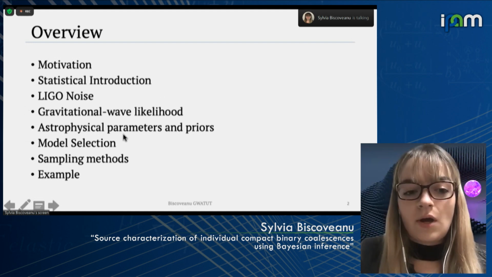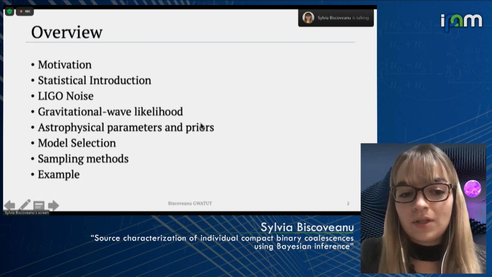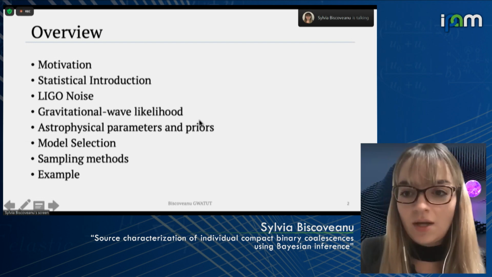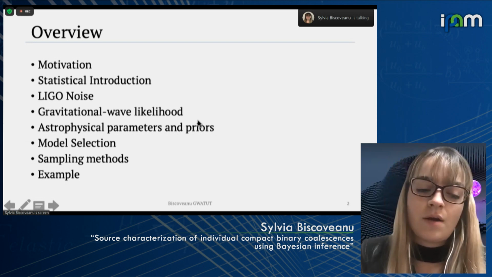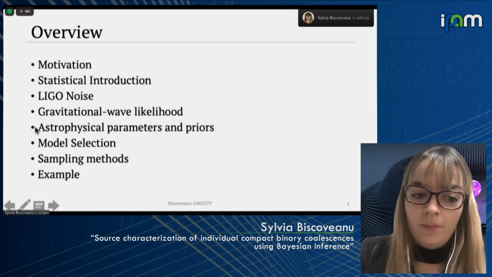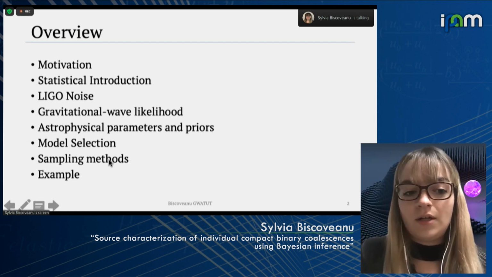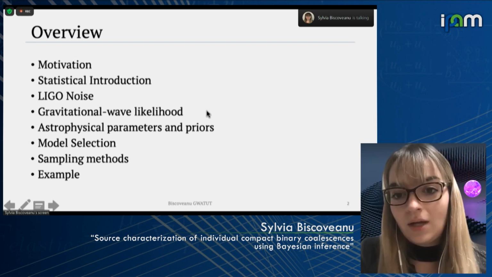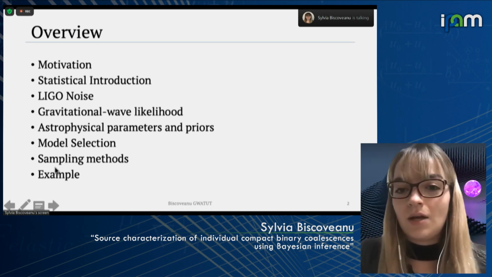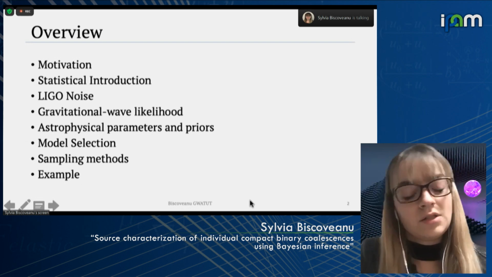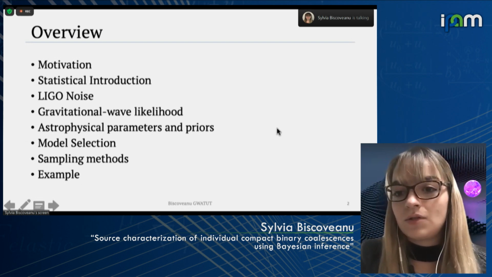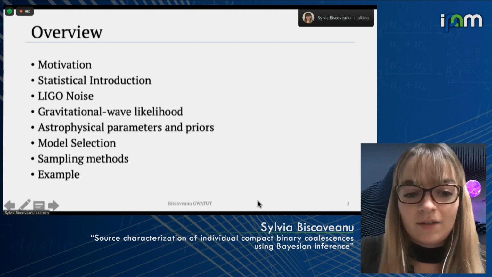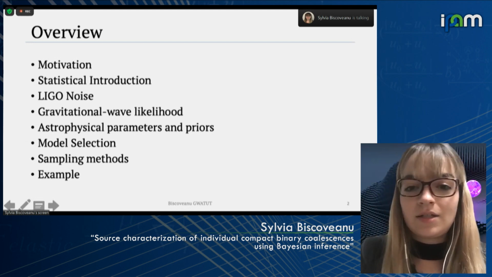And then we'll talk about the astrophysical parameters that we are interested in constraining and the priors that we assume for those parameters, and then talk about Bayesian model selection, and then finally take a look at sampling methods for obtaining estimates of these parameters. And then, time permitting, we can take a look at an example of how to use the real tools that the LIGO collaboration uses to analyze real LIGO data.